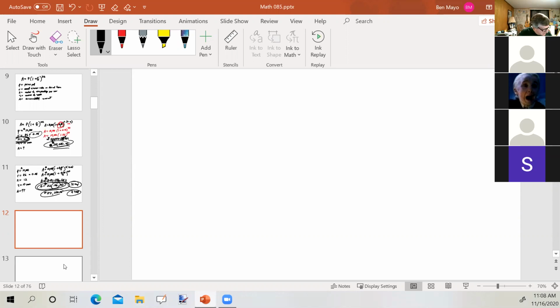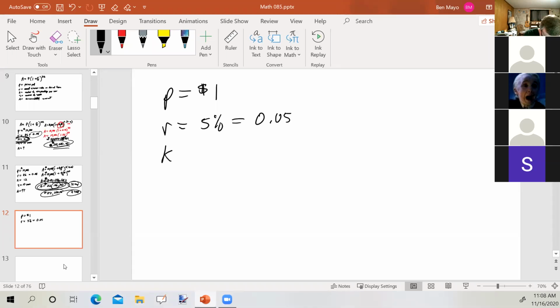All right, this is compounded annually. So the principal is $1. The interest rate is 5% or 0.05. The number of compoundings per year is 1. It says, how much would it be worth on July 4th, 2076? So we started in 1776 and we went to 2076.